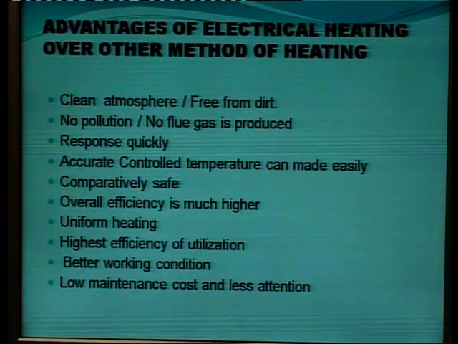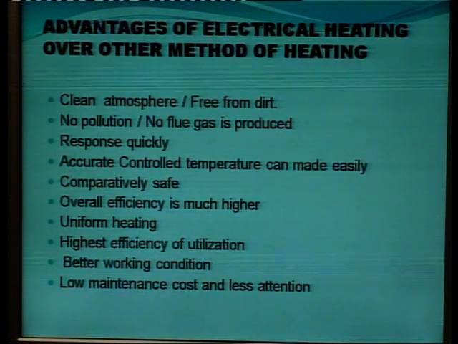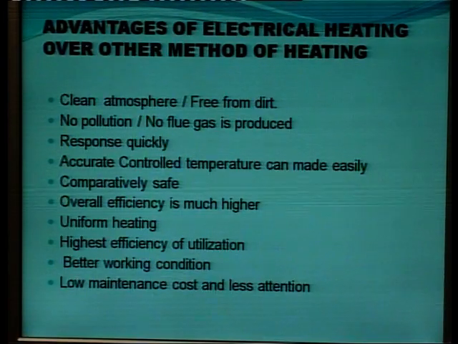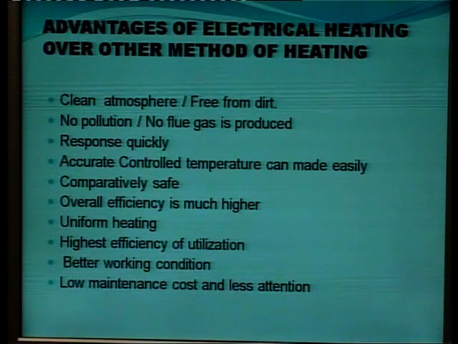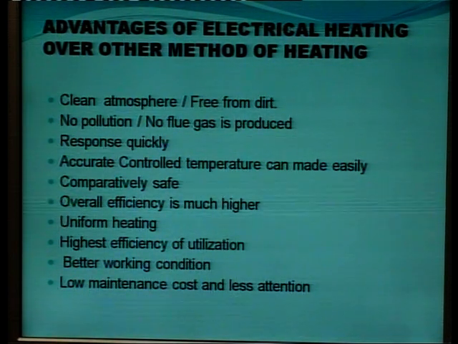It is comparatively safe. Overall efficiency is much higher in electric heating. It gives us uniform heating, highest efficiency of utilization, better working conditions, and low maintenance cost and less attention. So, let us discuss all these advantages one by one.